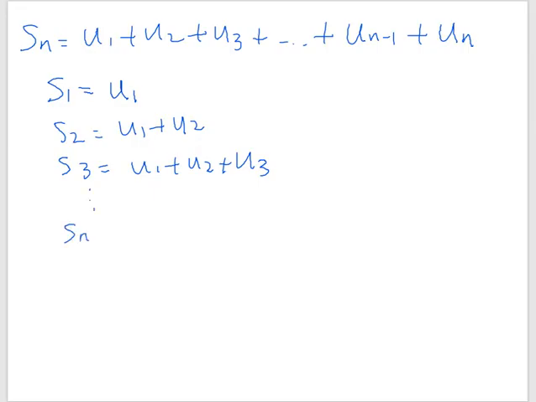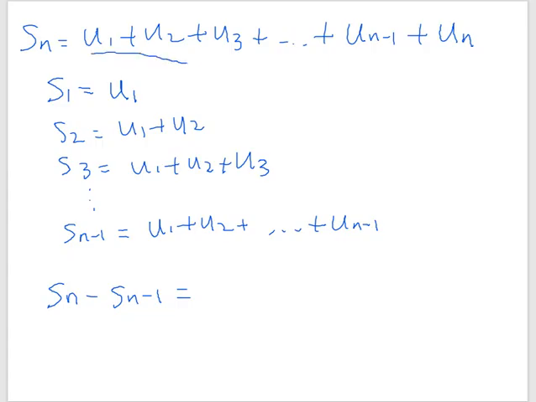So let's look at Sn minus 1. Sn minus 1 means U1 plus U2 all the way to Un minus 1. So now let's take Sn and subtract Sn minus 1. Then you will find that basically you subtract away all these terms from Sn.